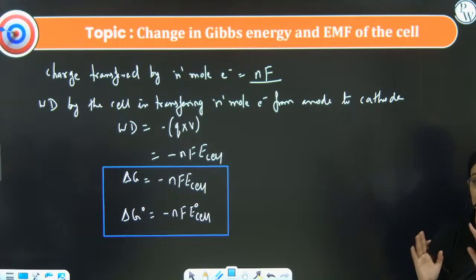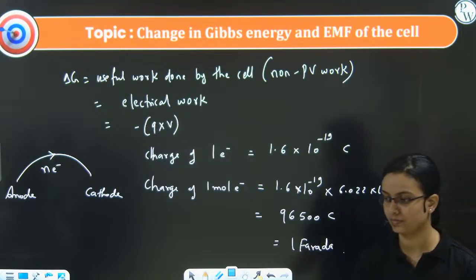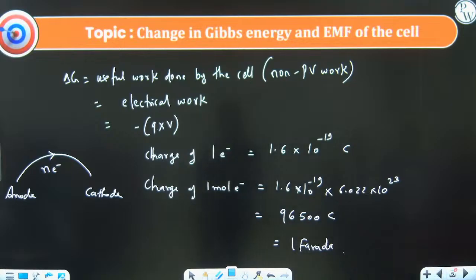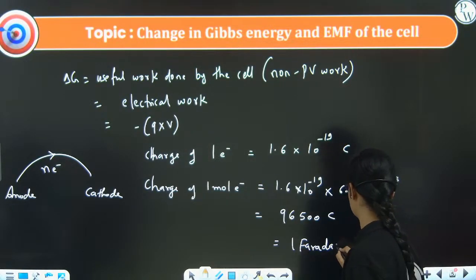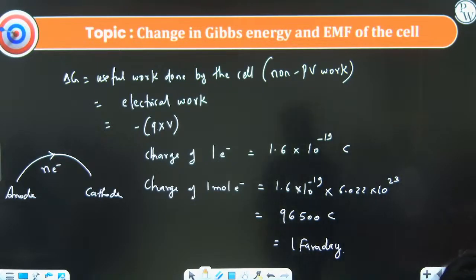Standard conditions means what are the temperature and pressure? 298 Kelvin and 1 bar pressure. Okay, write. Done?